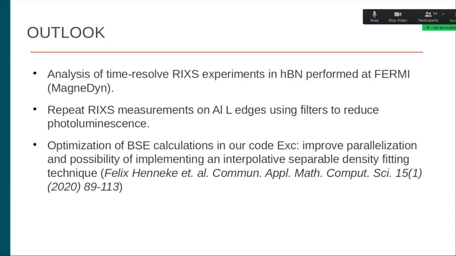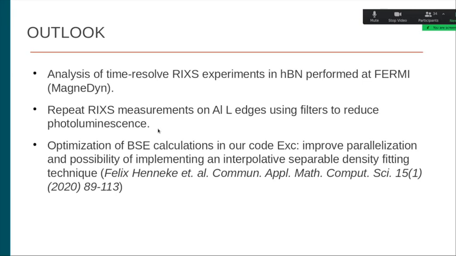So finally, some outlook. We have performed measurements of RIXS on boron nitride at the FERMI free electron laser, and we have to analyze the results and see if we can see some dynamics of the exciton in boron nitride.